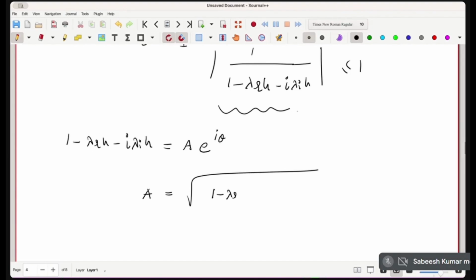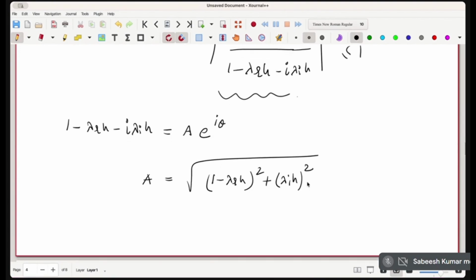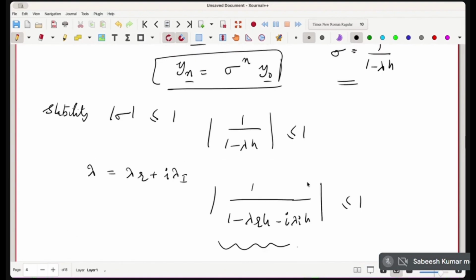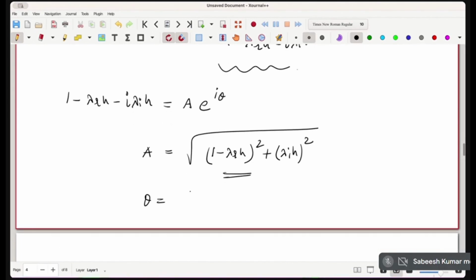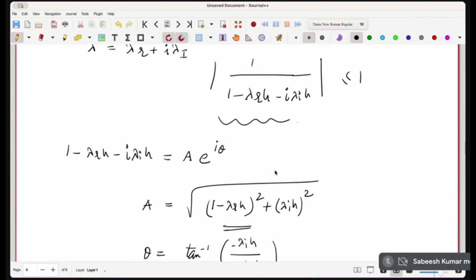That means 1 minus lambda r h whole square, plus lambda i h whole square. Because this is going to be minus i square, and i square is minus 1, you get a plus. So this is what you would get for amplitude, and then your theta is going to be tan inverse of imaginary value divided by the real value. That means you're going to get minus lambda i h divided by 1 minus lambda r h.